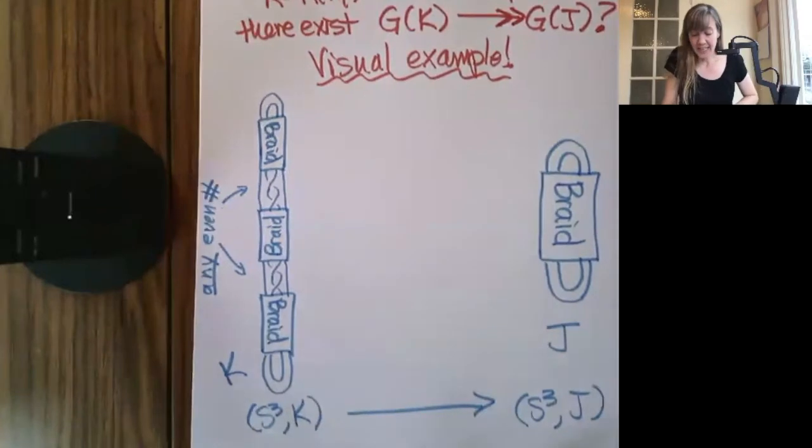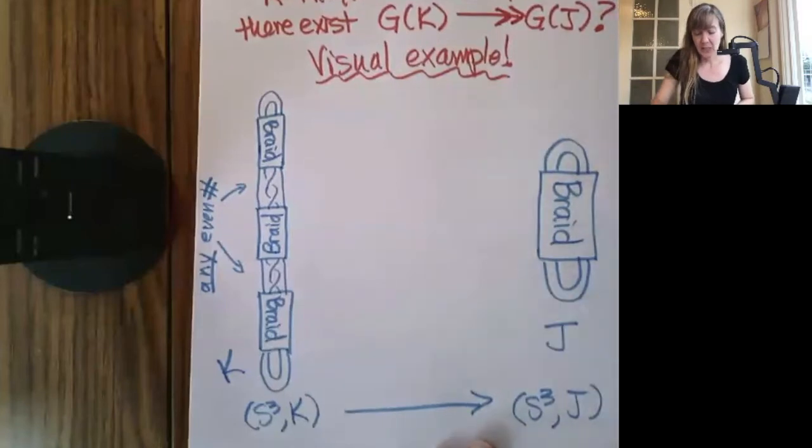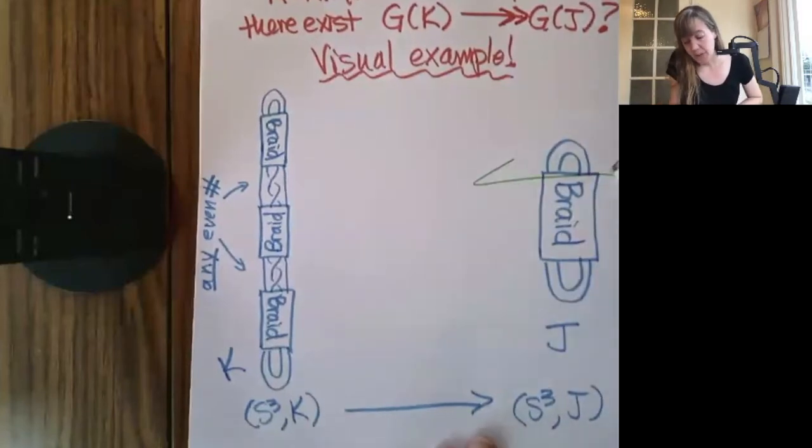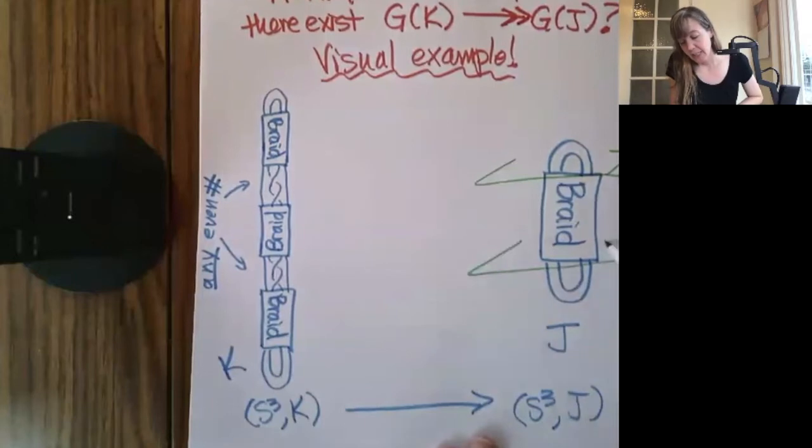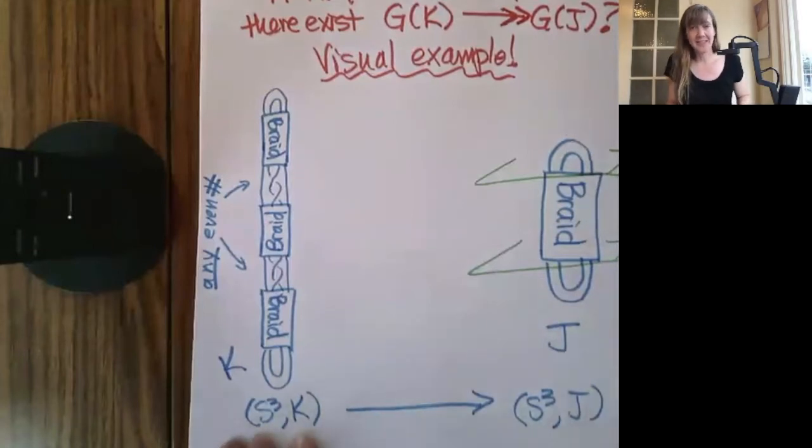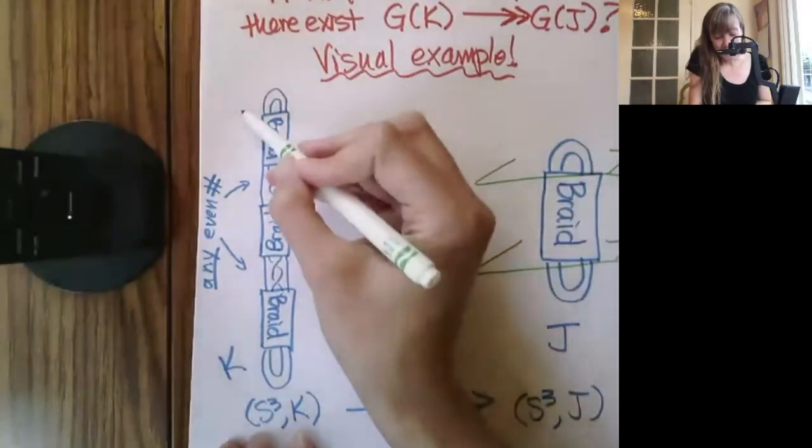So we're going to take this copy of S3 and slice it up into 3 domains. So you can imagine this is all of S3, and I'm going to slice it with this plane and then this plane. So I have the top, the braid, and the bottom. Similarly, I'm going to slice this copy of S3 with K inside of it into domains as well.